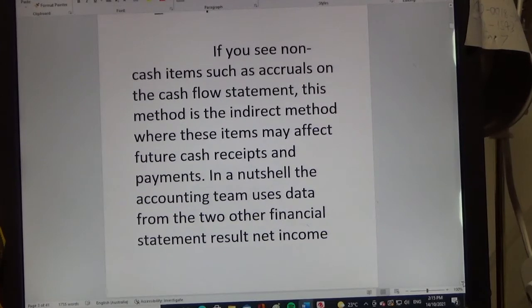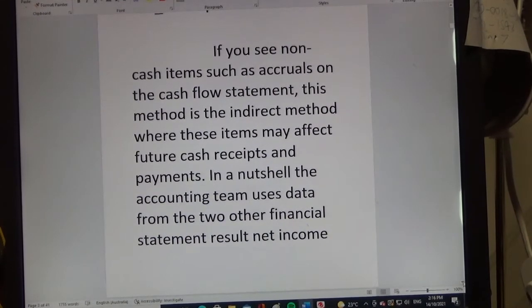Now that sounds complicated, but for a big company, if you use the direct method, there's a lot of different transactions to record, and it's a much easier methodology to put forward a cash flow statement from the financial statements, the P&L and balance sheet. So you use the financial statements to calculate the cash flow statement in the indirect method.